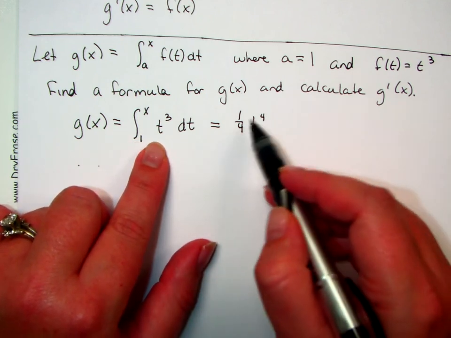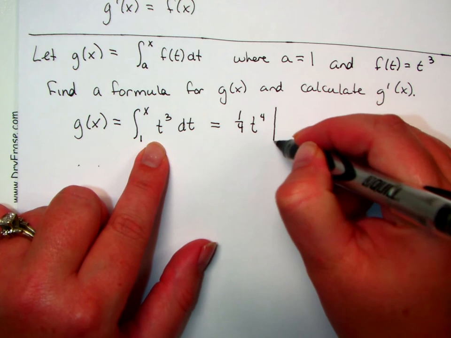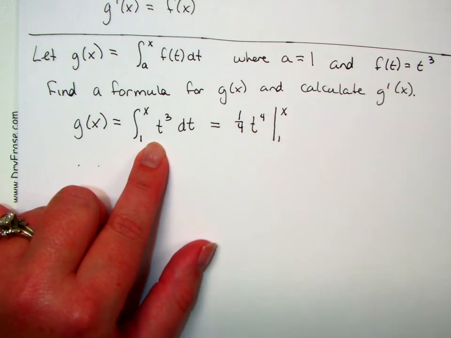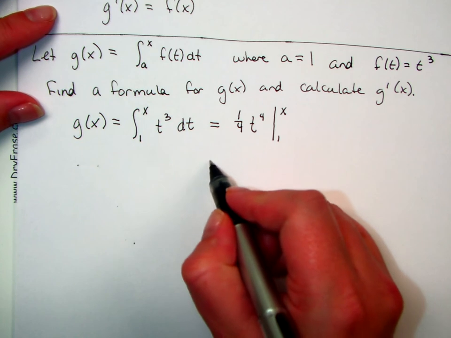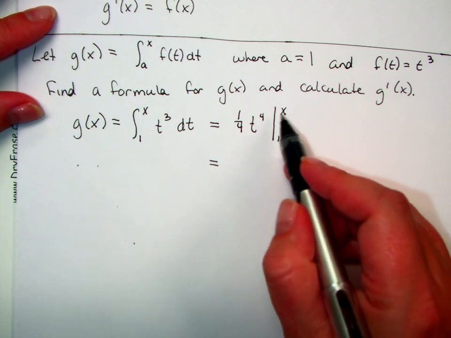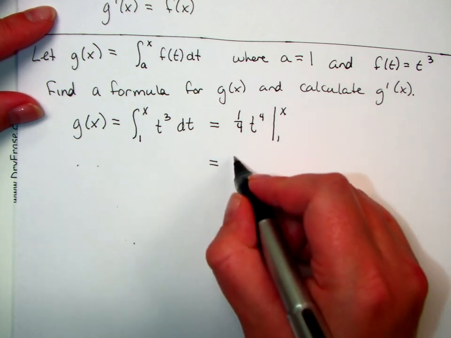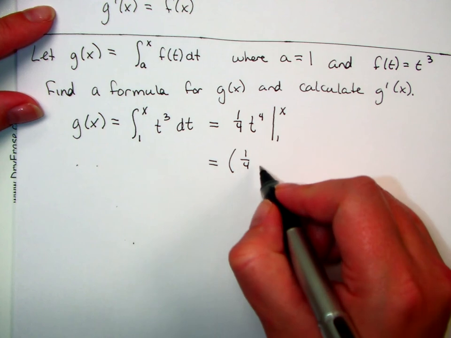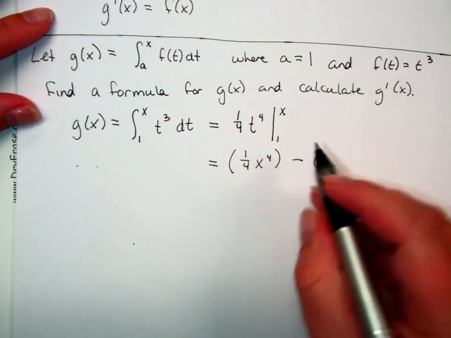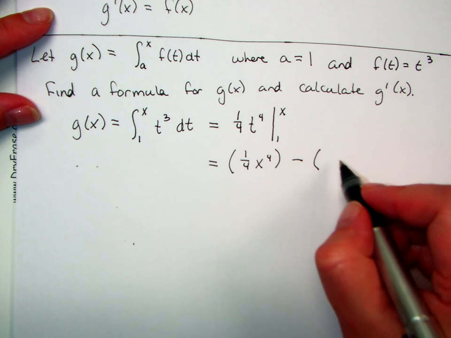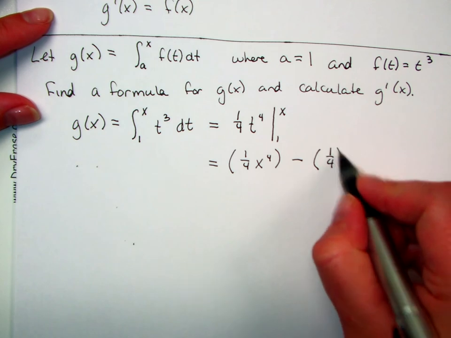All right, so here's my antiderivative, and we're going to evaluate that from 1 to x. So if I plug the upper limit into this, we're going to get 1/4 x to the fourth minus, plug the lower limit into that, we're going to get just 1/4.